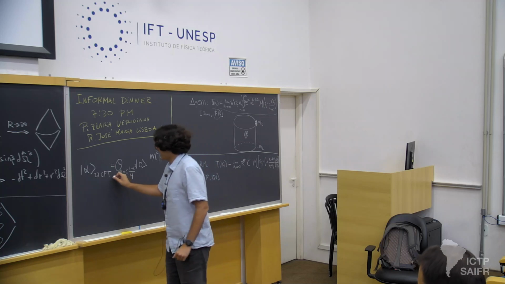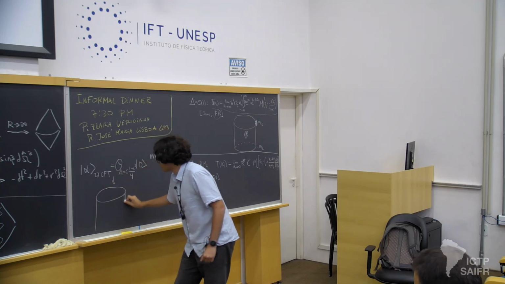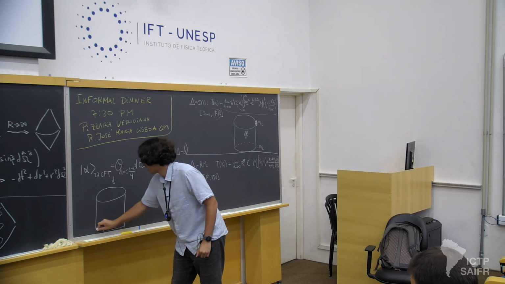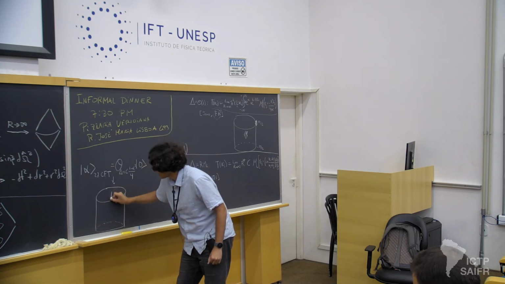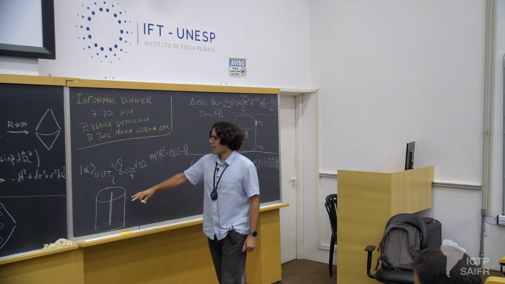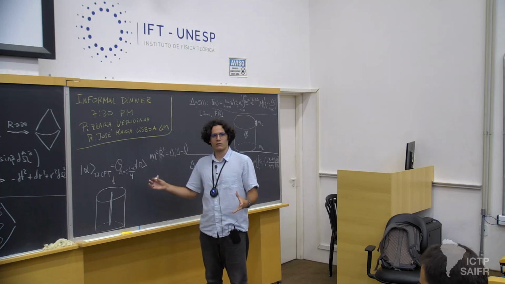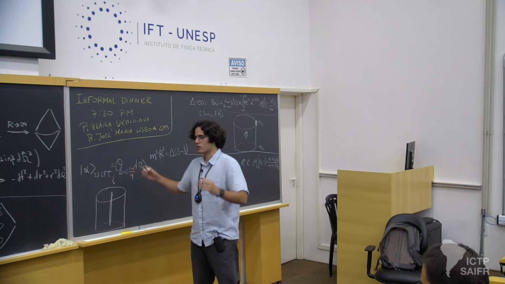Through AdS/CFT, though, this state is dual to a conical deficit geometry in AdS. So it's something that has a deficit right here. And you can understand this as the back-reacted asymptotically AdS geometry in the presence of an idealized cosmic string.